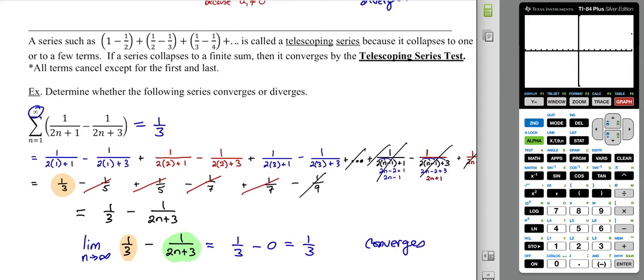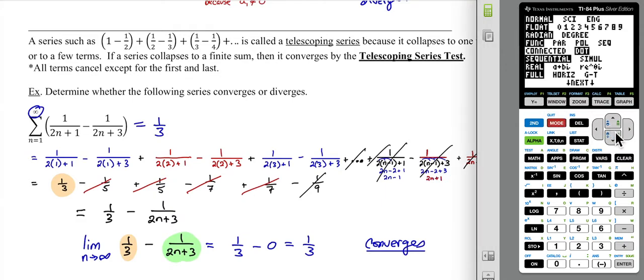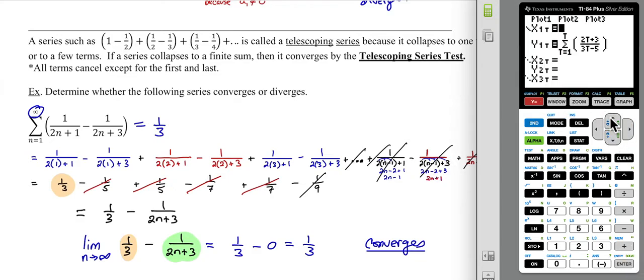So we're not always able to determine what the converging value is, but in this case we can. And that's only because the telescoping series collapses down to just the first and the last term. All right. If we want, we can go back into parametric mode and type in this telescoping series.